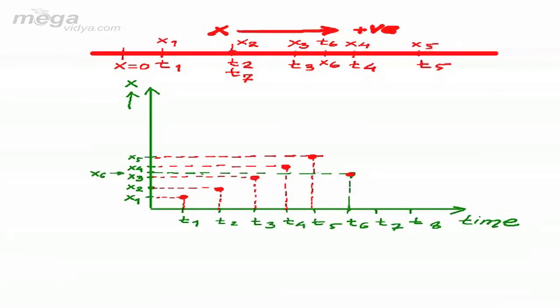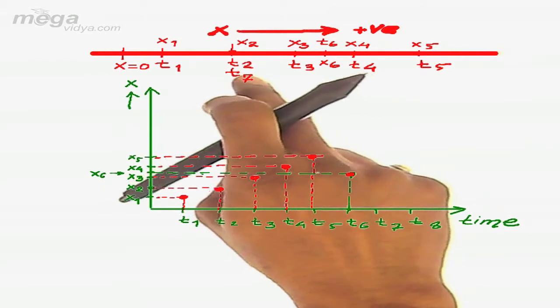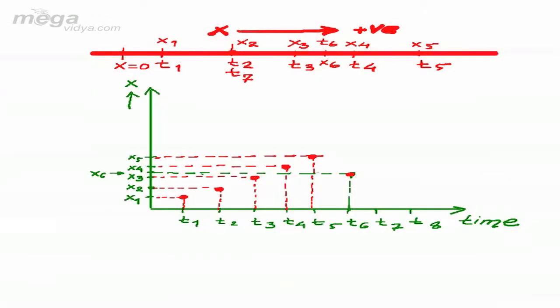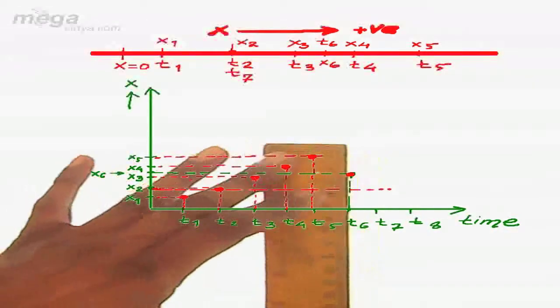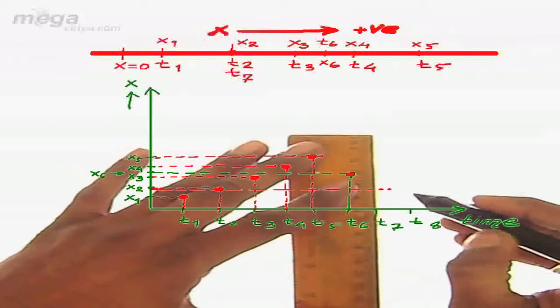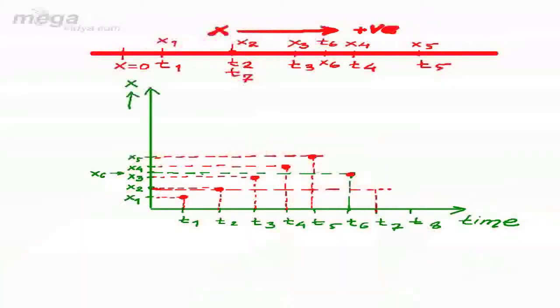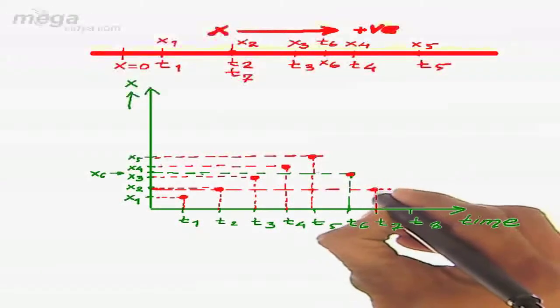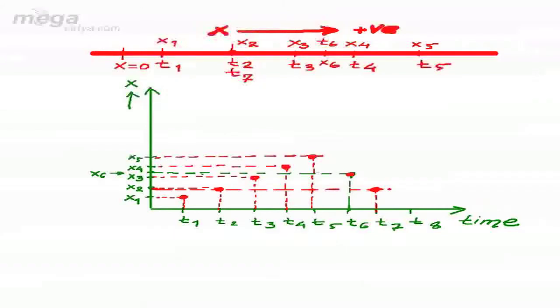Again at time t7, the particle reaches its position x2 again. So for t7, I am checking the position of the particle to be at x2. Just come, this is the point corresponding to the position of the particle at time t7.